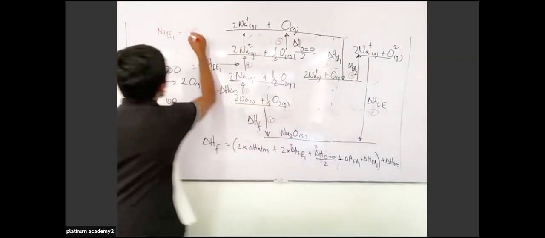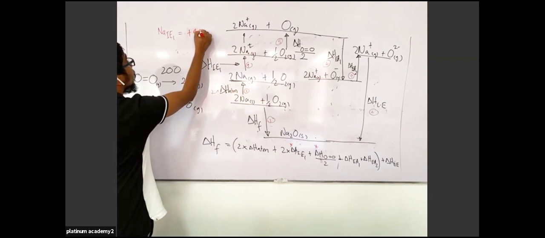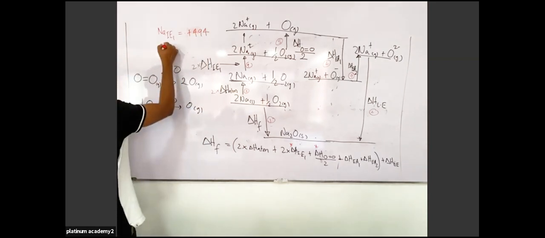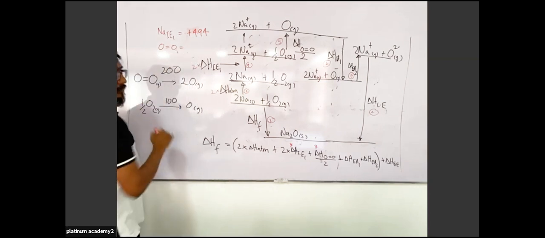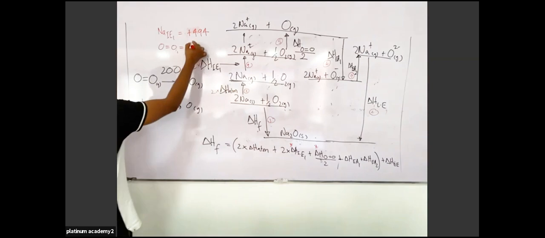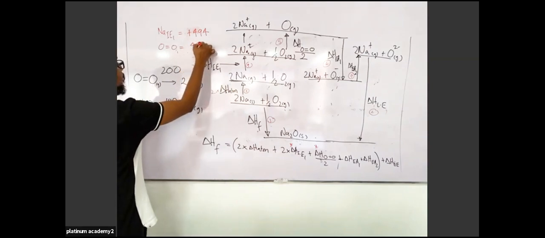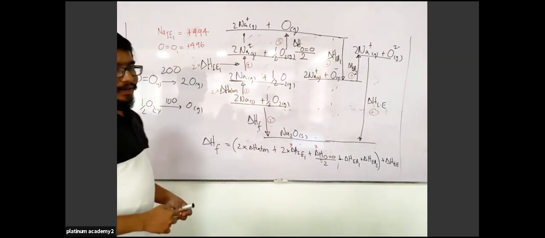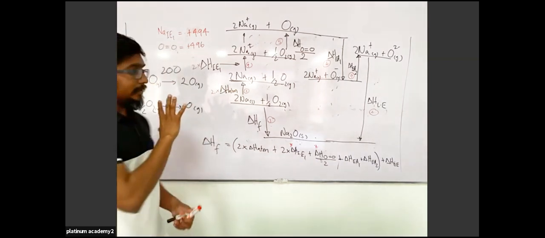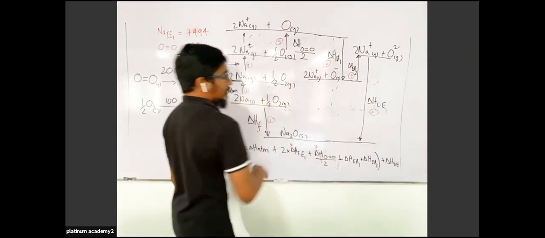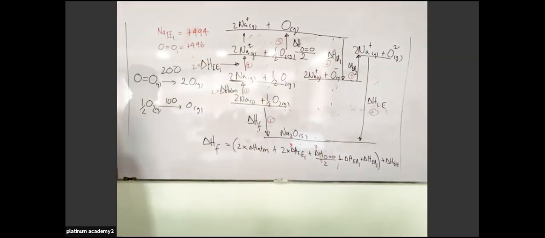Plus 494. And what else do we need? Bond energy of oxygen is 496. That's also plus. Now can you find it? First of all, write all the numbers here, then solve and give me the final answer.